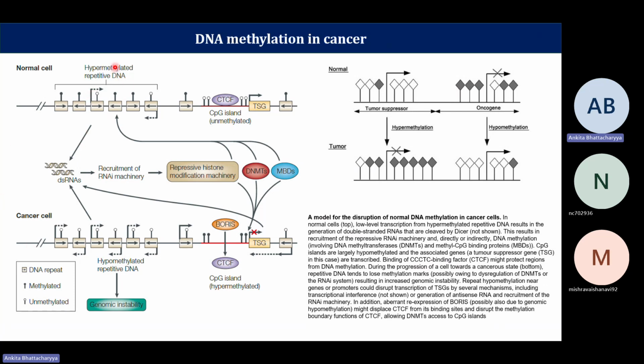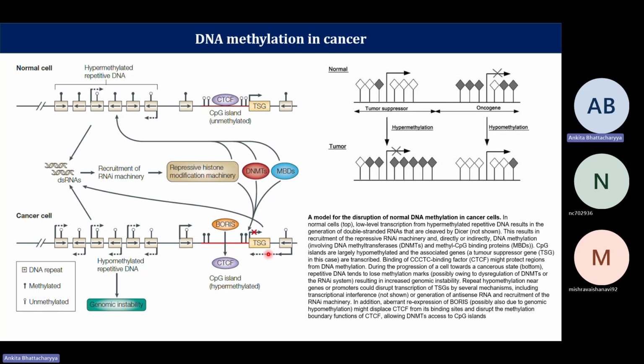So you can have hypermethylated repetitive DNA in a normal cell, which is sort of not expressed at a very high level, but there can be some shift in this. If there is hypomethylation, then it can result in genomic instability at those sites, and that can generate double-stranded RNAs, which can bring the repressive histone modification machinery, DNMTs, MBDs, etc., which can also silence the tumor suppressor gene.